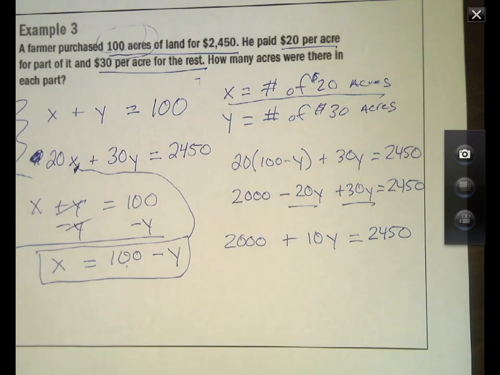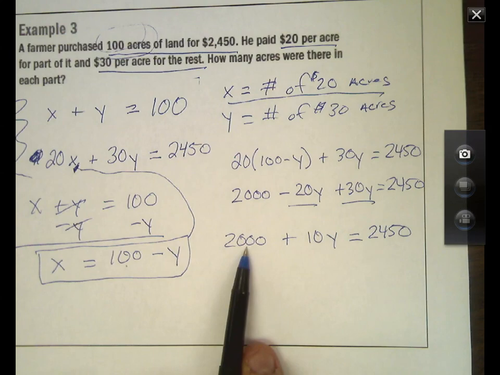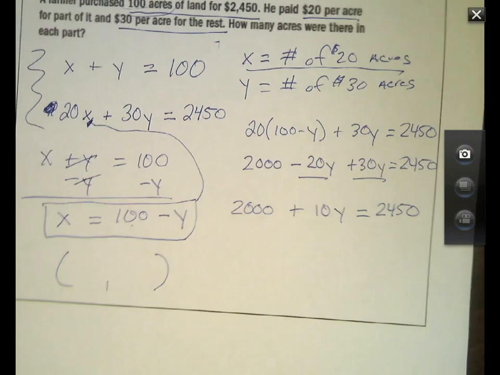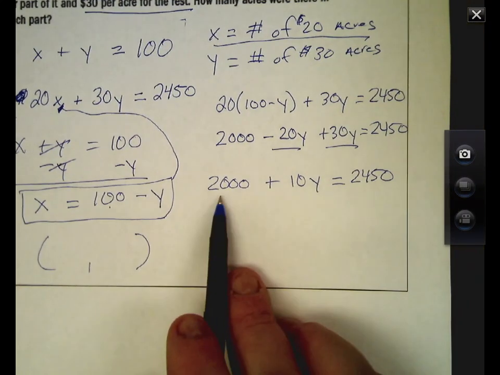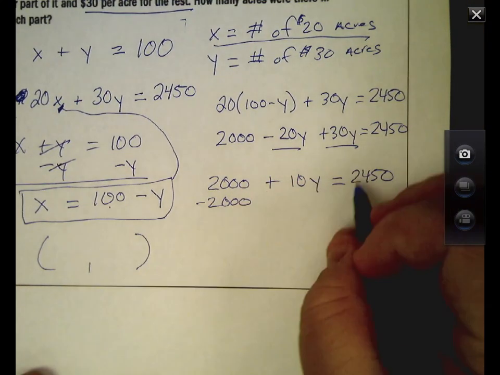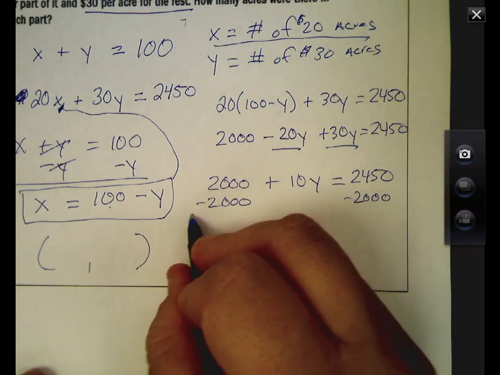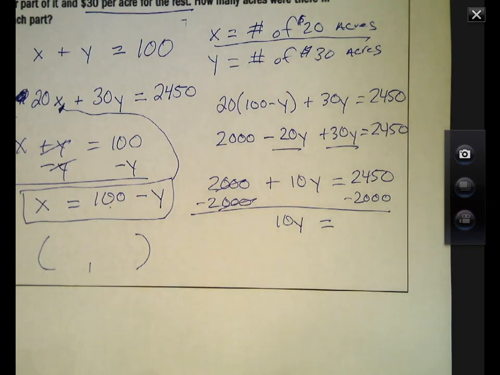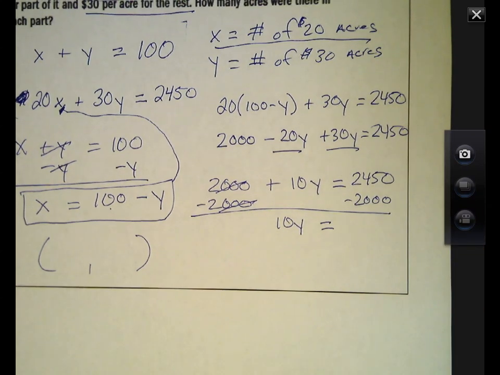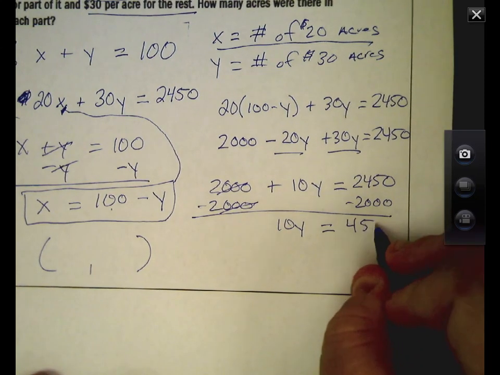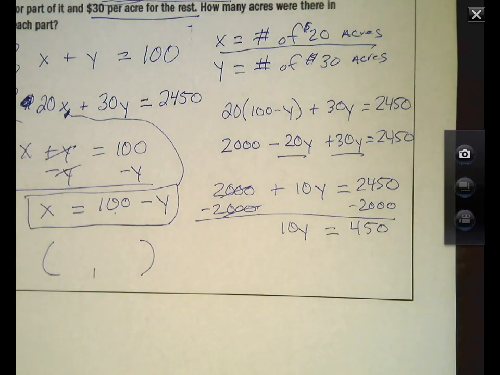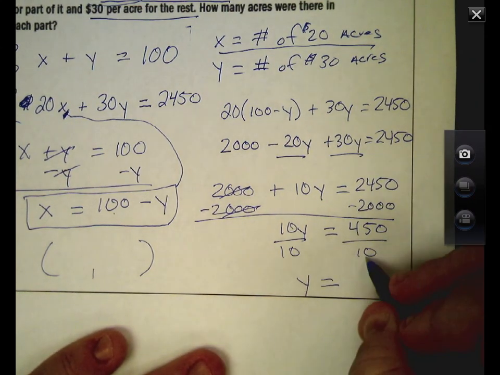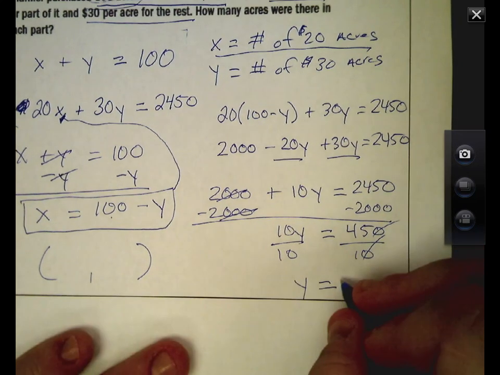Okay? Regular algebra to find Y. Okay, remember, I'm trying to get out an X comma Y solution. Okay? So, I'm going to subtract 2,000. 10Y is equal to 450. Divide by 10. Y is going to equal, that should be easy, 45.